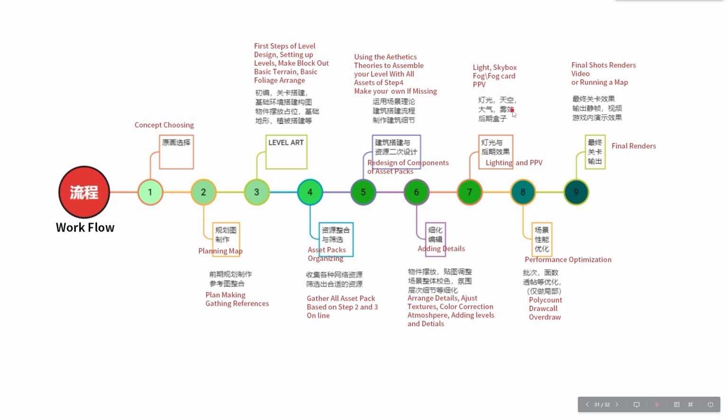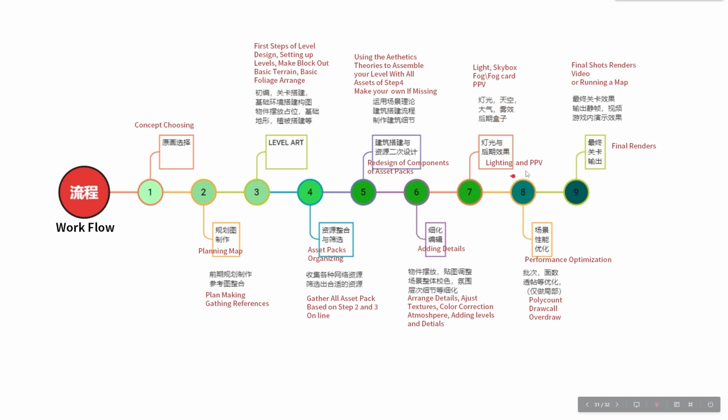What should the sun shadow be like? Should we add point lights to fill the light, or spotlights, to make some places look even better? And of course, the PPV at this stage: light, sky, cloud, atmosphere, fog cards, PPV.